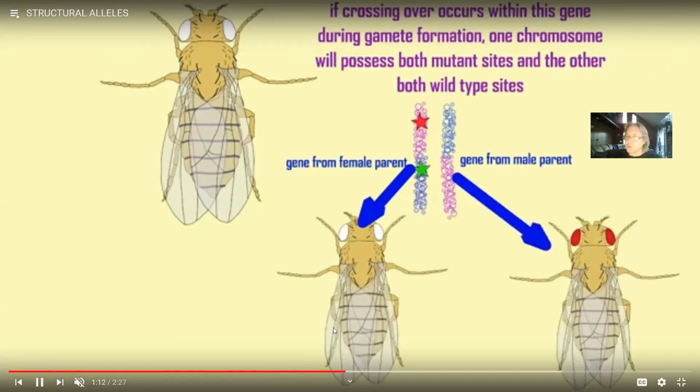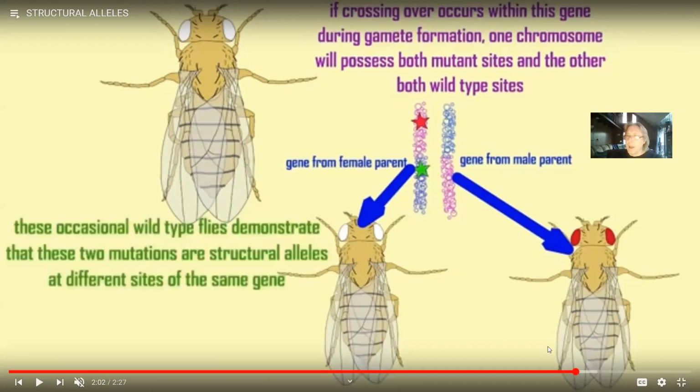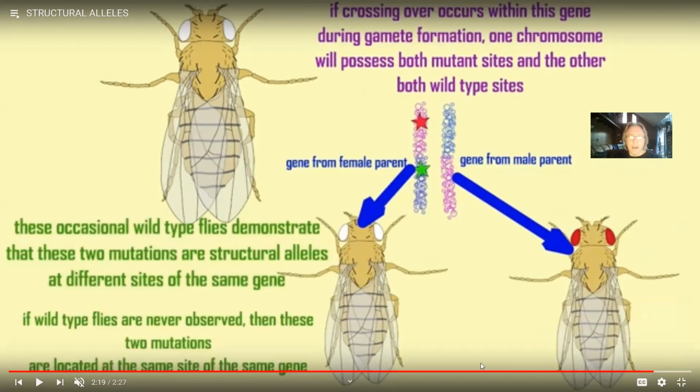So when we cross strains 2 and 3, if we're observing that there are occasionally these red-eyed flies, then that would indicate that the two mutations are in the same gene, but not at the same site of the gene, because we're getting recombination occasionally separating them, giving us a wild type fly.